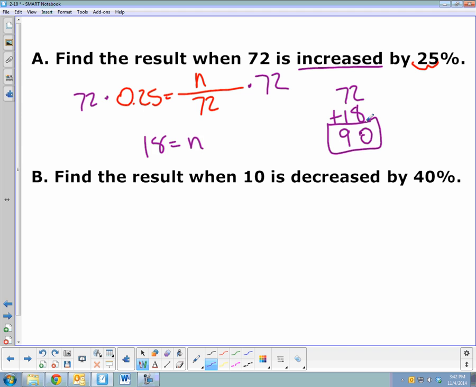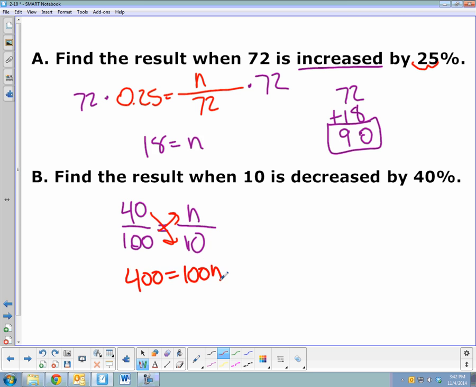Second one, again, please try it on your own first and then follow along and make sure that you did it correctly. I'll set this one up as a proportion just to show both ways. So I can set up my percent as a fraction. The original was 10. I don't know how much it's changing. So I can cross multiply and I get 400 equals 100n.